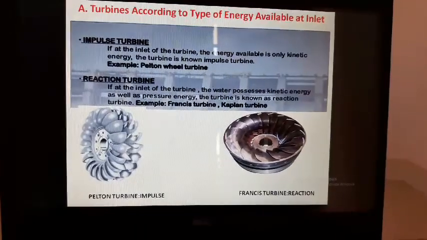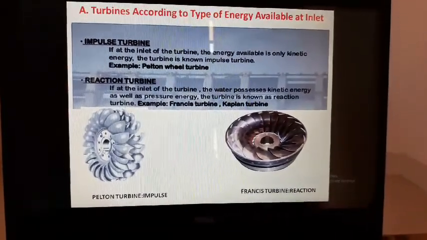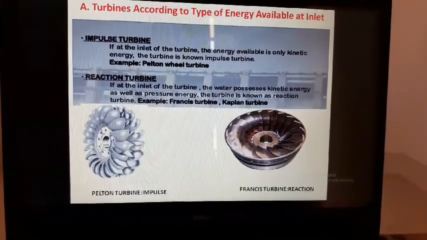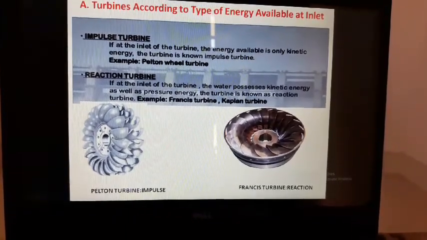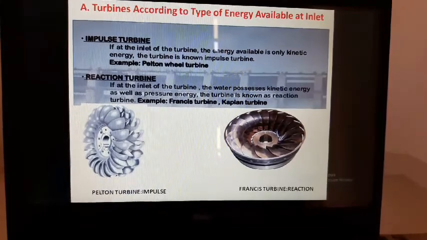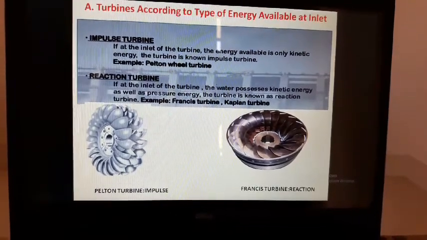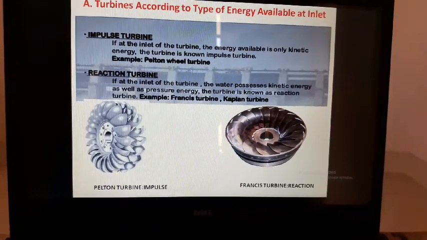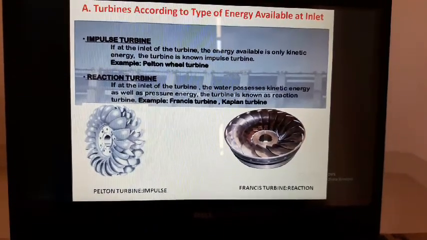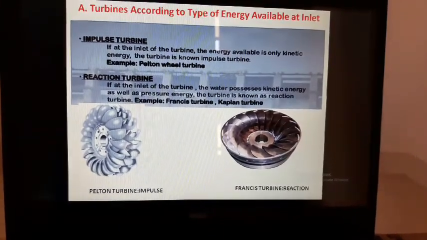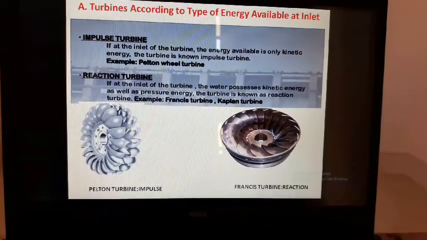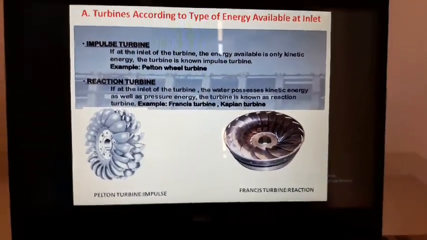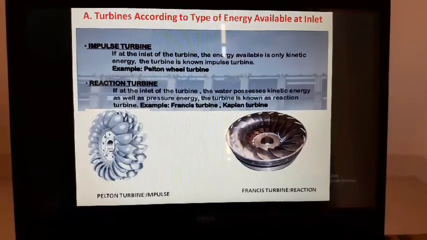Our first classification is based upon the type of energy available at the inlet of the turbine. Accordingly, it is classified into two types of turbine. First is the impulse turbine. If at the inlet of the turbine only kinetic energy is available, these types of turbines are called impulse turbines. For example, the Pelton wheel turbine is an impulse turbine.